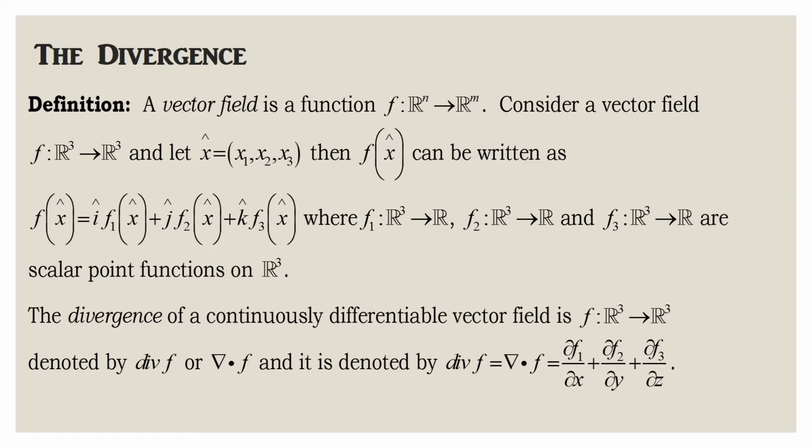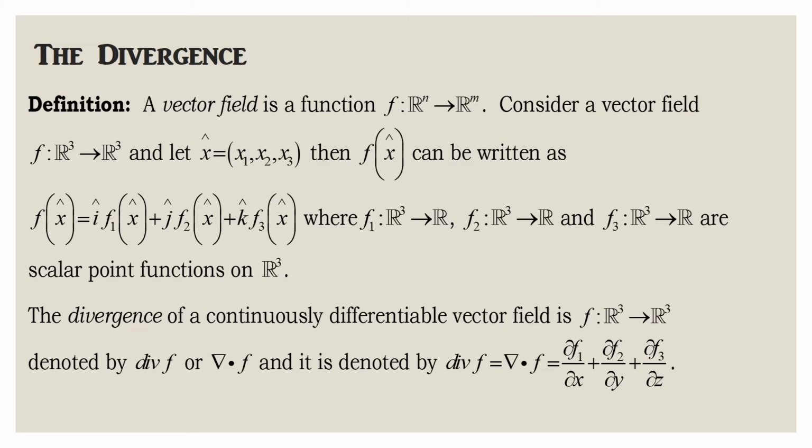Here the entries f1 of x cap, f2 of x cap and f3 of x cap are real numbers or scalars. The functions f1, f2 and f3 are called component functions of the given vector field f from R^3 to R^3.